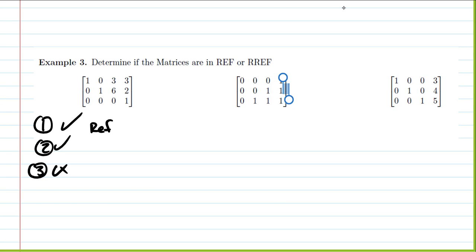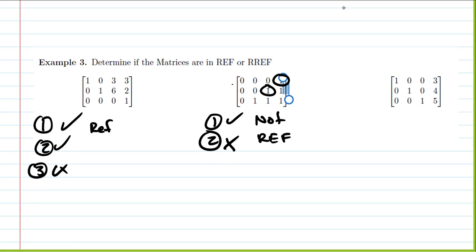We look at our second matrix. We do have that our first non-zero entry in each row is 1, but step 2, the leading one in this row has a leading one that is not to the left of it, so it fails. So this one is not REF.